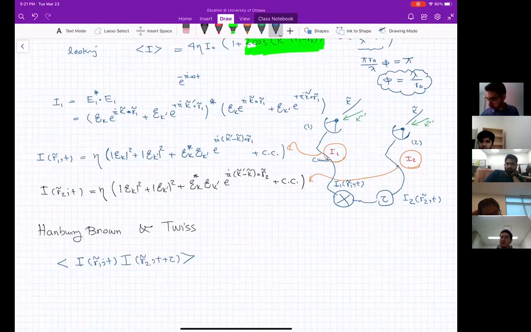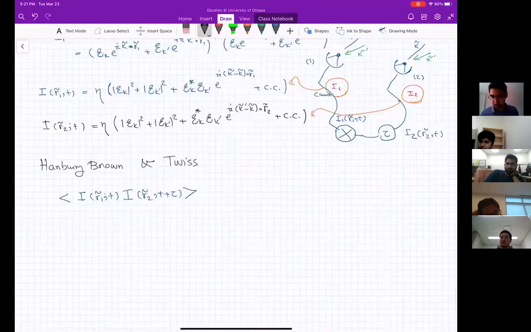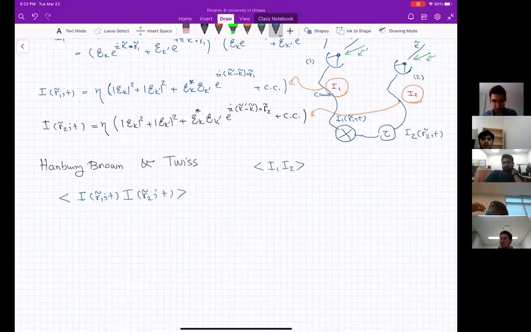For simplicity, for the time being, assume that they are coming at the same time, so you are looking at t. So this is nothing more than the I1, I2 correlation. The correlation is a little bit higher now: it is not in the field, it is in the power of the field.